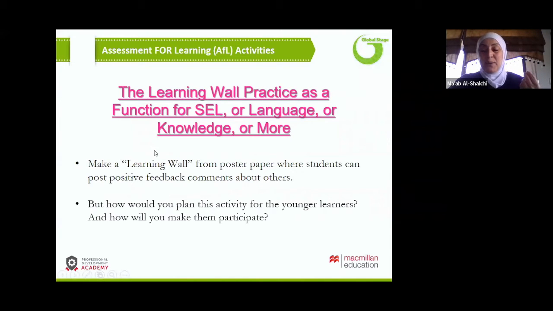And so you want to see that they can use language and they can actually use steps to express themselves.